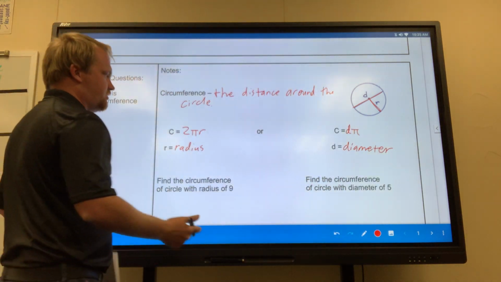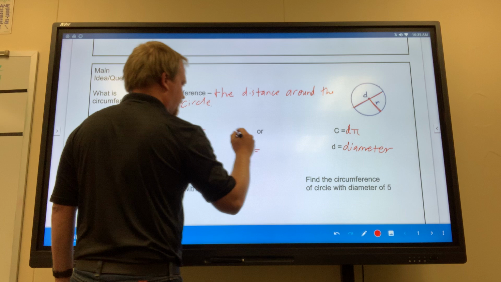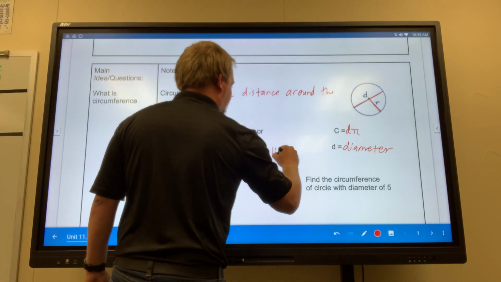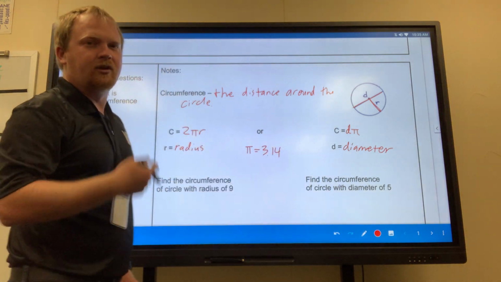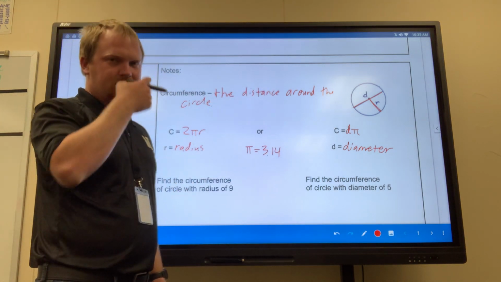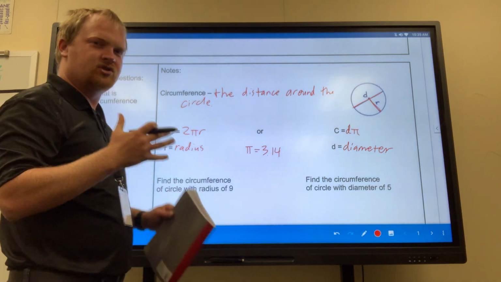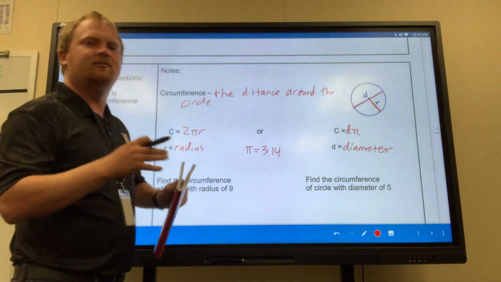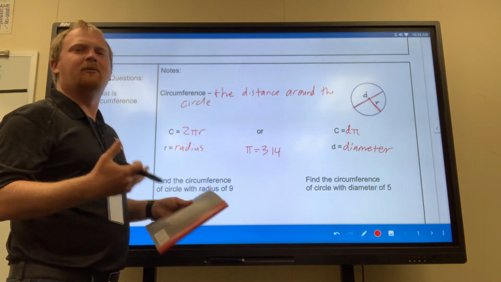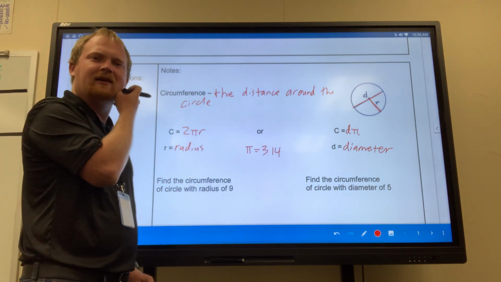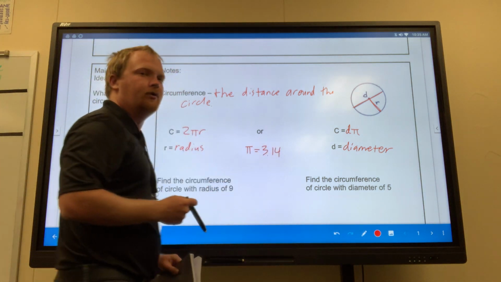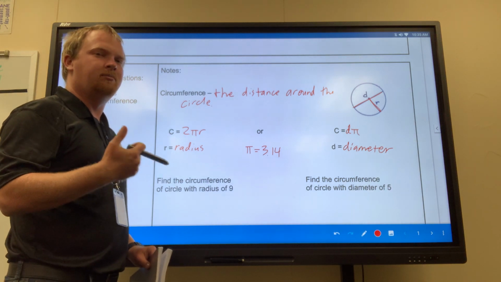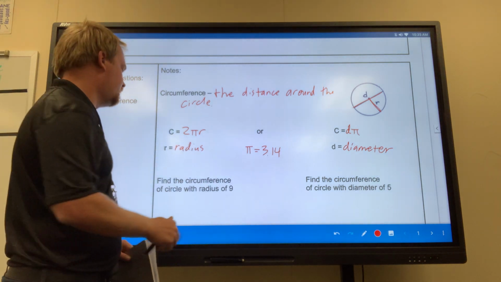Just to let y'all know, remember, pi is 3.14, continuing on. There are more digits involved with pi, but typically, how we commonly use the number pi, it's going to be 3.14. That's normally how we write pi.